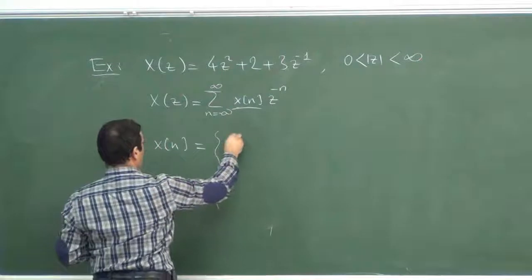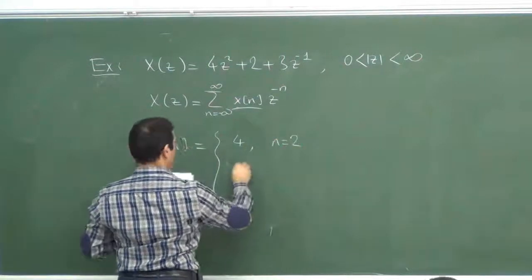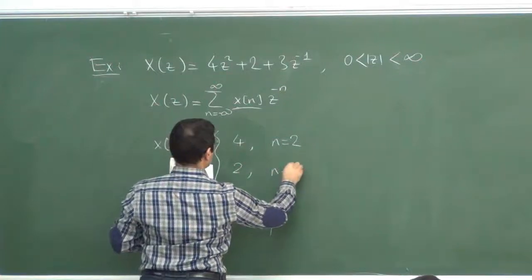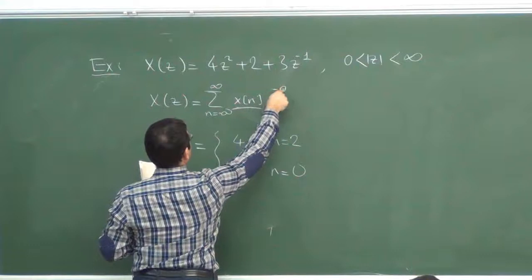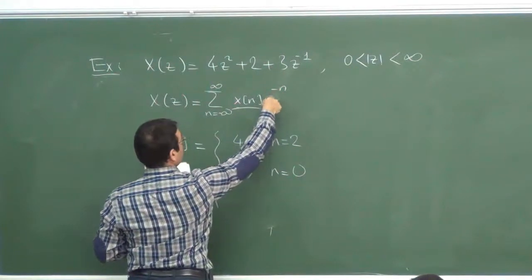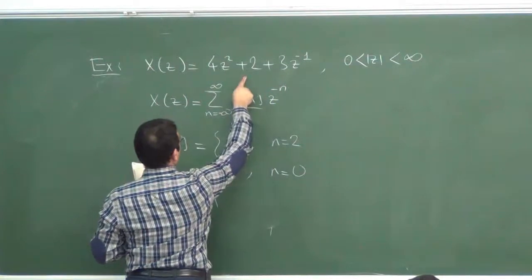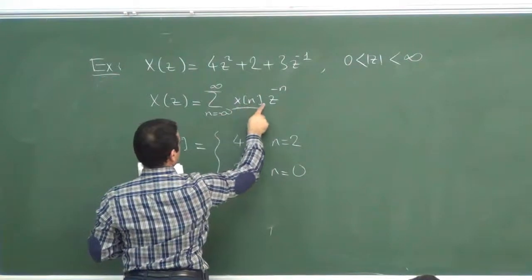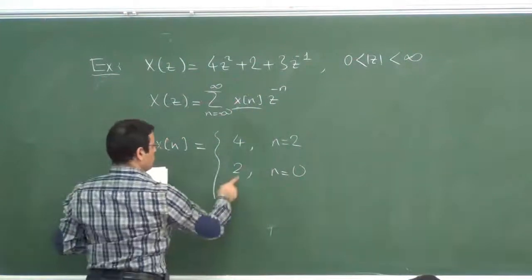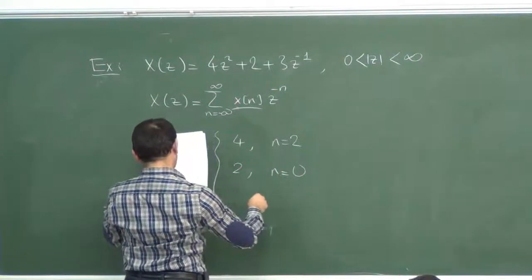How? For n is equal to 0, this expression will be 1 and xn times 1. For what? For n is equal to 0. If n is equal to 0, x0 times 1. So this is 2. What about the other expression?